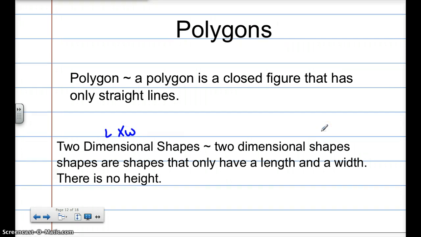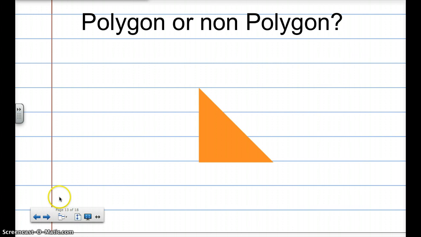There is no height on a two-dimensional shape. And a polygon is a closed figure that only has straight lines. So, let's play polygon or non-polygon. So, is this a polygon? Yes, it is. So, I'm going to circle polygon. The reason why? It's closed, and it has straight lines.